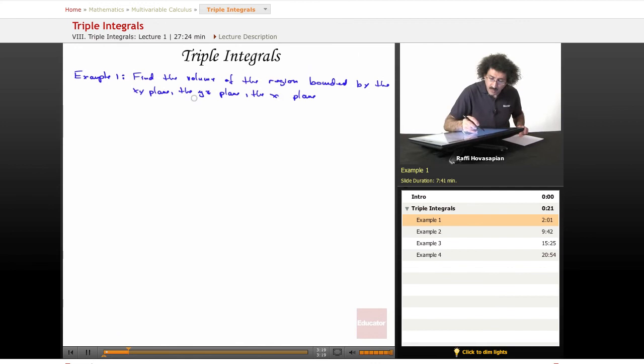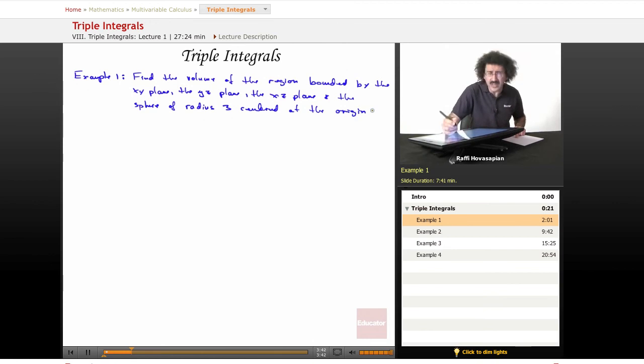I have xy, I have yz, I should have xz. There we go. The xz plane and the sphere of radius 3, centered at the origin.